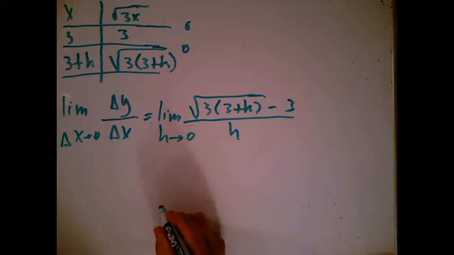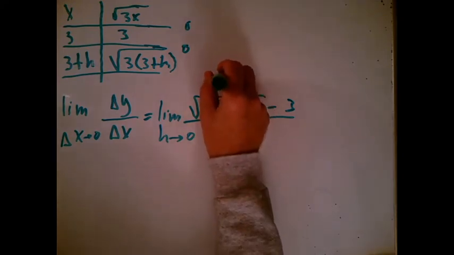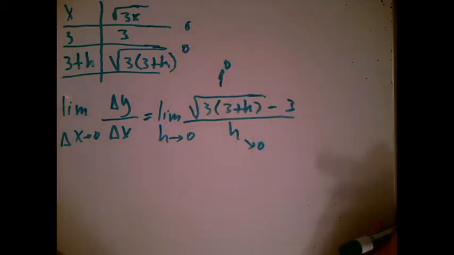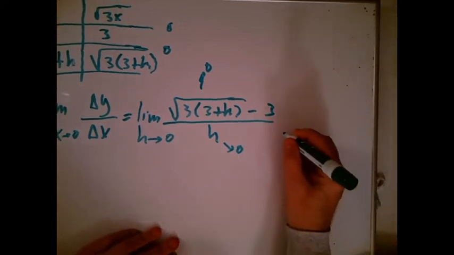We see that we can't plug in. We do get 0 over 0. I guess I can write that in. Won't kill me at this point. I'm going to multiply the top by the conjugate and the bottom by the conjugate.